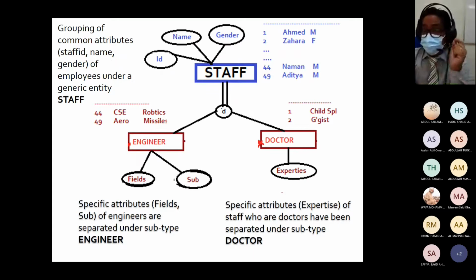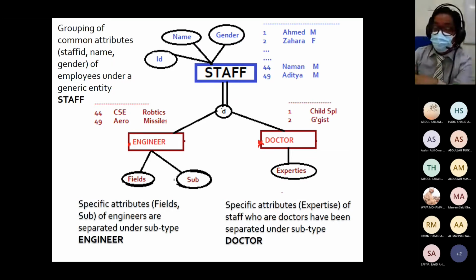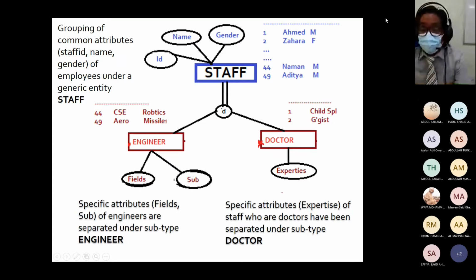Okay, let's see now how we can apply this splitting, combining, and grouping of all those common attributes, knowing all these subtypes within that particular entity or lower level entity. Look at this one. The staff is basically our entity, right?